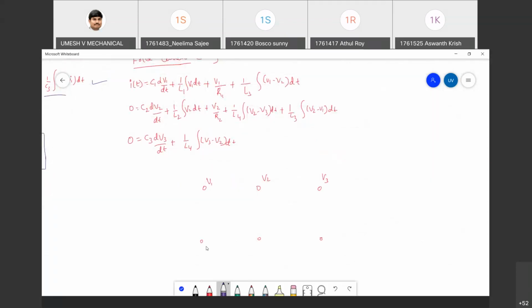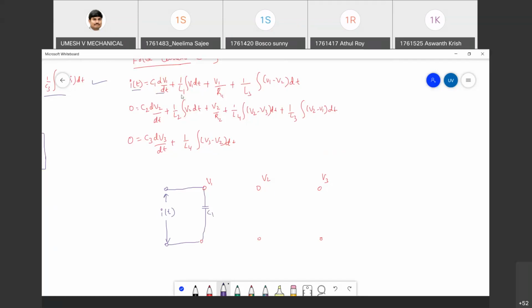Look at the first equation. Input will be I of t, so give the input to the V1 node. The first term is done. Next term is C1 dV1 by dt, which means C1 is connected to only the V1 node, so I connect C1 here.